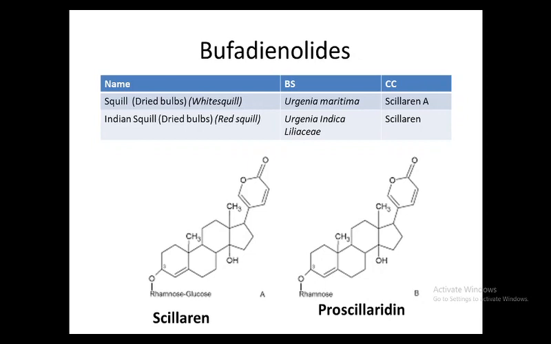Now here scillaren is a glycoside found in the squill plant. Scillaren contains the aglycone as well as a glycone part.